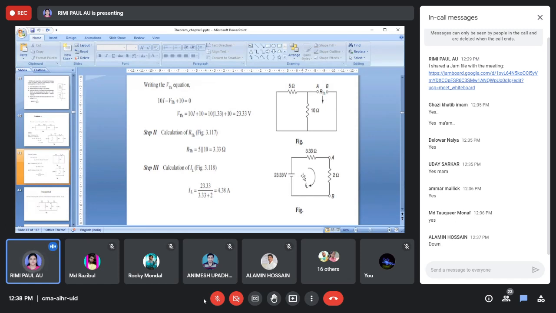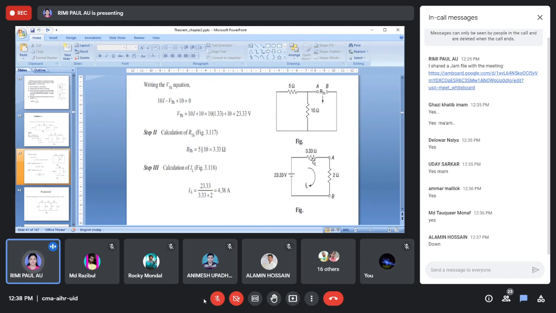If this is positive and this is negative, then the current will be downward. You can also see that this current is flowing upward through this. So when I convert this to a current source, the value of the current source will be 23.33 by 3.33. That will be the magnitude of the current source, and the direction will be upward.